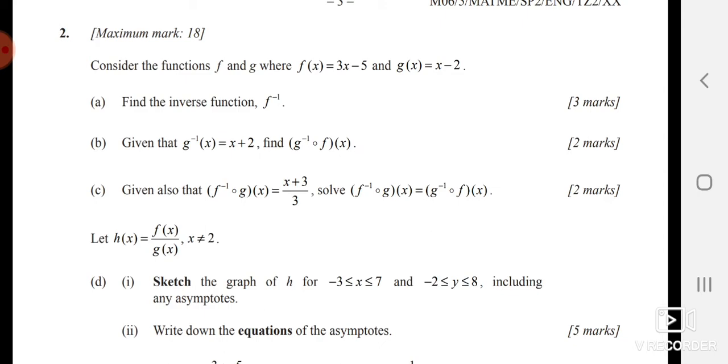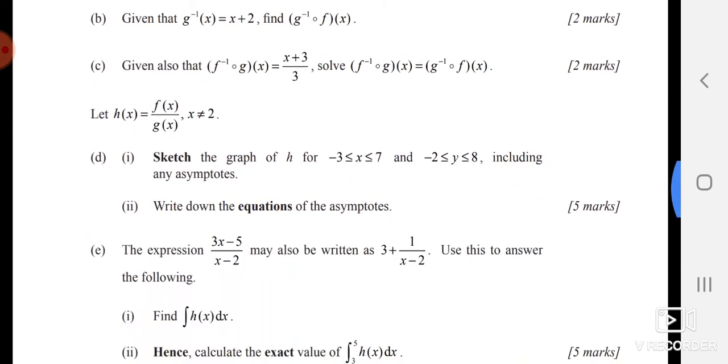The polynomials f(x) and g(x) have the same degree, or you may say it's an improper fraction. So first simplify and then plot the corresponding range of this. And you can easily plot the equations of asymptotes where your function h(x) becomes undefined.